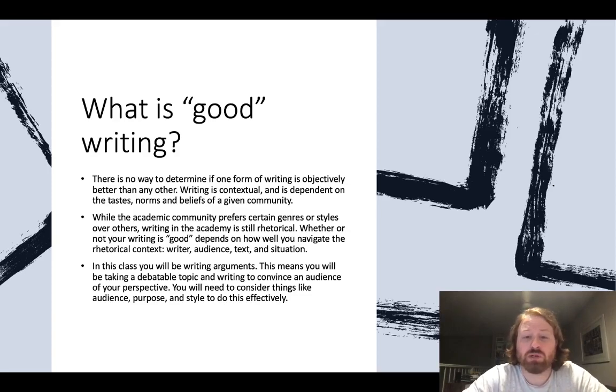So for example, when we talk about writing to different audiences, if you're writing an email to a professor, it might be a little more formal than a text message to your friend, right? I mean, that's just kind of how we adjust based on the different levels of professionalism, or how close you are to a friend versus the nature of the relationship between a professor and a student, right?